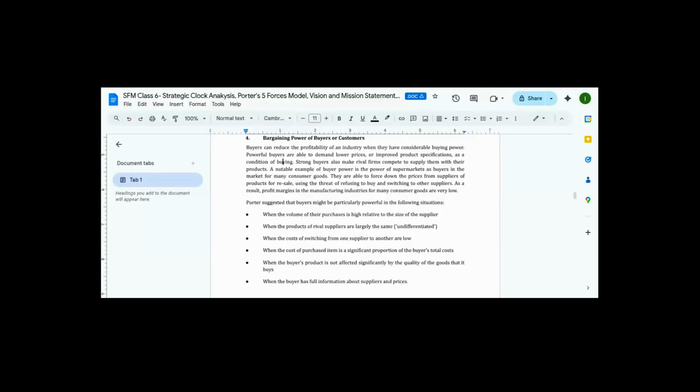So now, Porter suggested that buyers might be particularly powerful in the following situations. One, when the volume of their purchases is high relative to the size of the supplier. This is common in the food and beverages industry, the manufacturing industry.